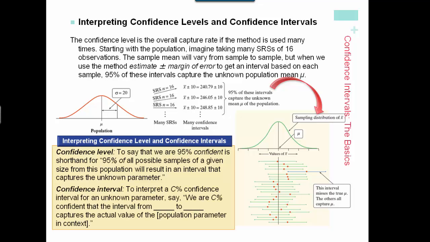To interpret a C% confidence interval for an unknown parameter, we say we are C% confident that the interval from wherever to wherever we end up with captures the actual value of the, and then we fill in the population parameter in the context of the problem.